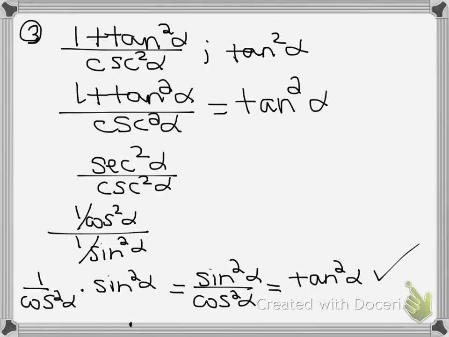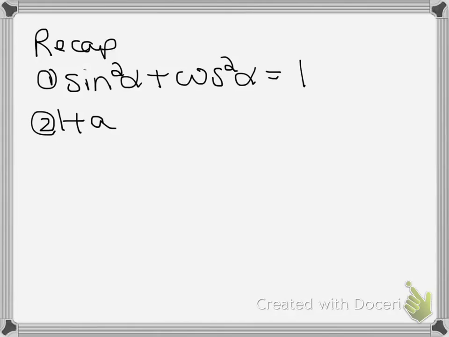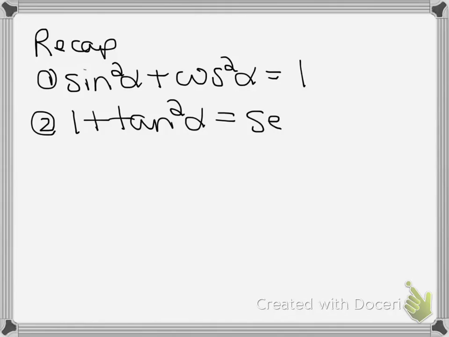All right. Hopefully we're feeling pretty comfortable with the 3 identities. Let's recap them. Sine squared plus cosine squared equals 1. 2, 1 plus the tan squared equals the secant squared.